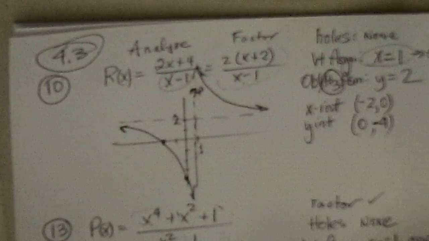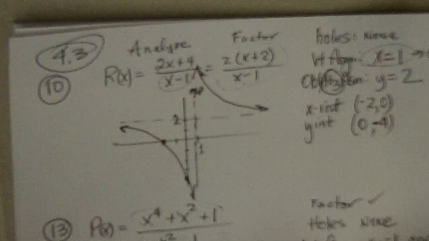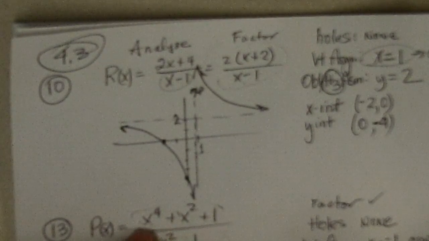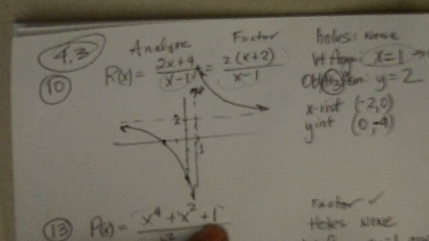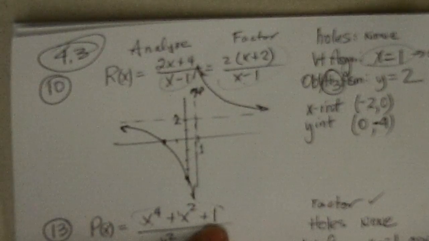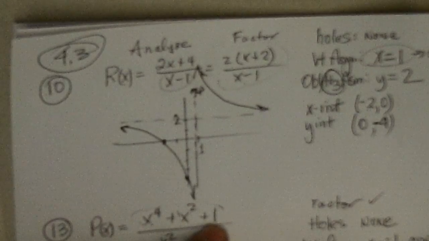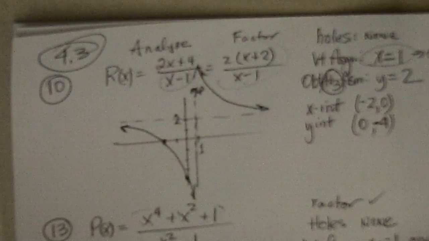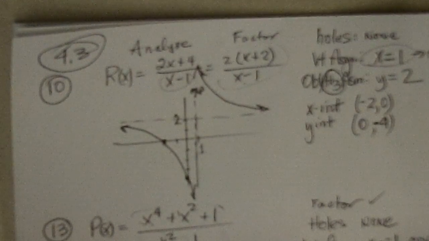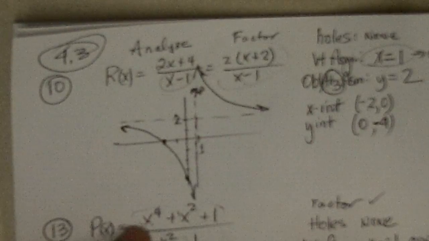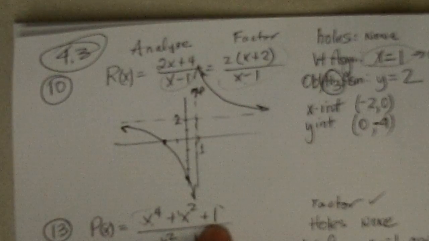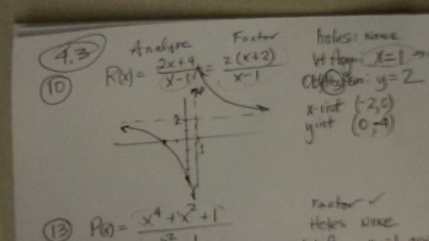And then we have x-intercepts. Well, since this doesn't factor, if you graph just the numerator, you can see it never hits the x-axis, so there's none. Then for the y-intercept, we put in 0 for x, and we get 1 over -1, so it's -1.